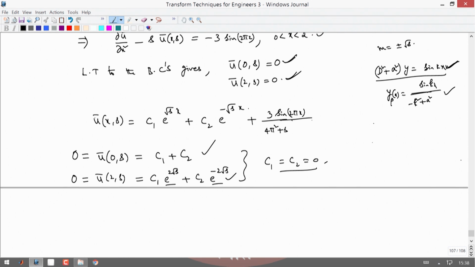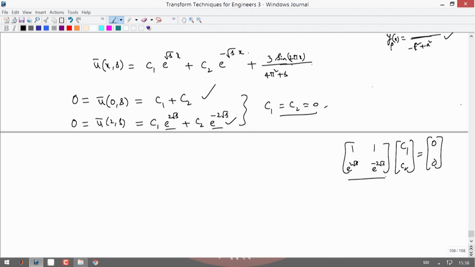If you look at this as a matrix, 1 1, e power 2 root s, e power minus 2 root s, times C1 C2 equal to 0 0. Because the determinant of this matrix is non-zero, what is the determinant? E power minus 2 root s minus e power 2 root s. This is always non-zero.